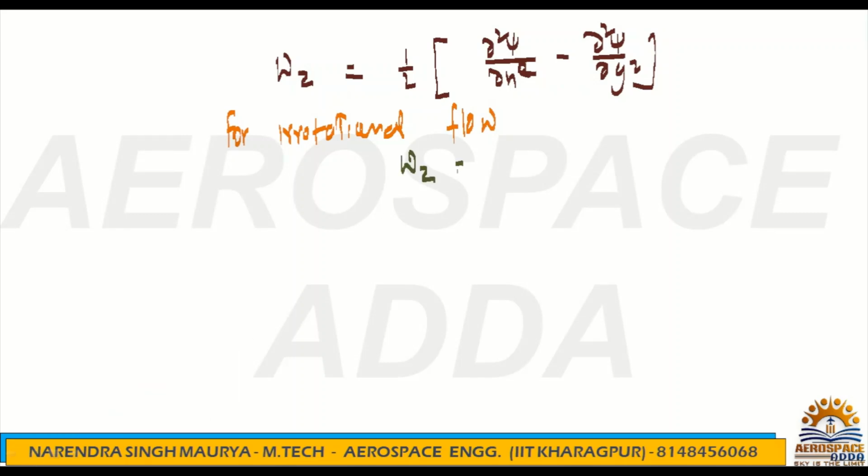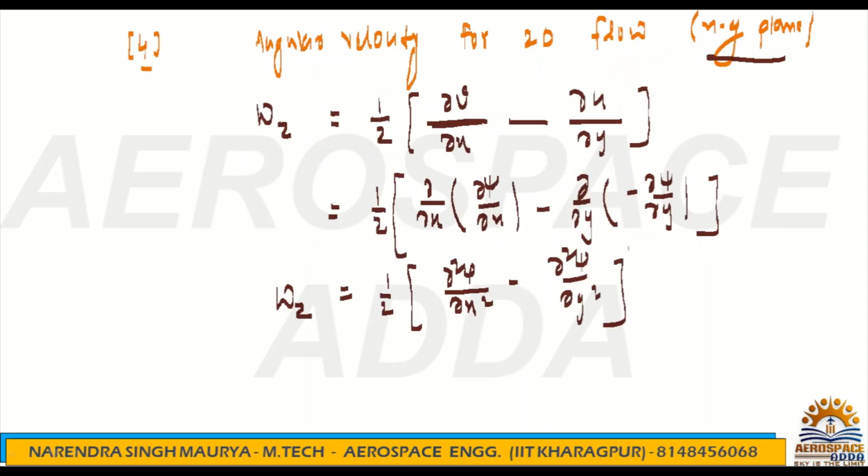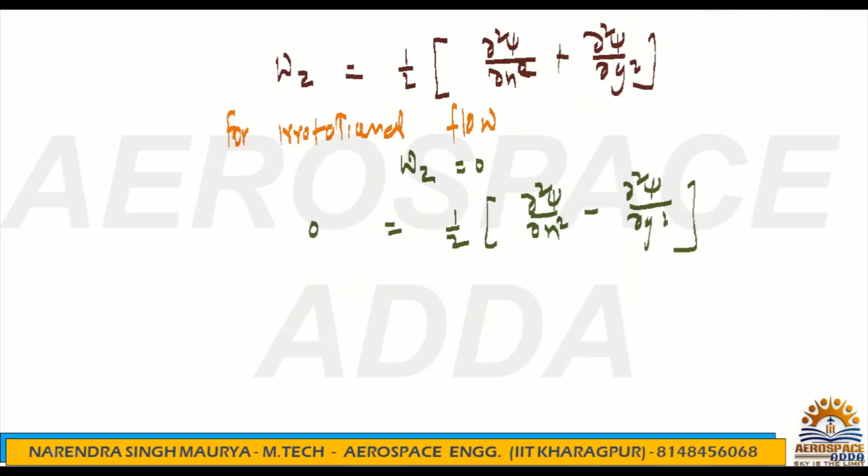It will be 0. So you keep 0 equal to 1 by 2 dou square psi by dou x square minus dou square psi by dou y square. Here we have minus, here we have minus, minus minus plus, so this is nothing but plus.